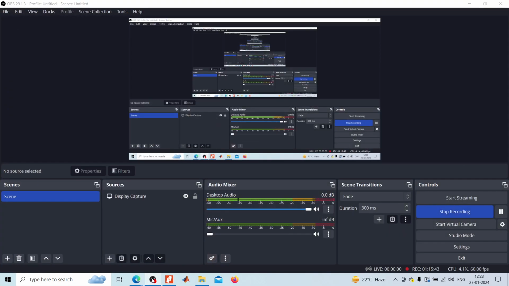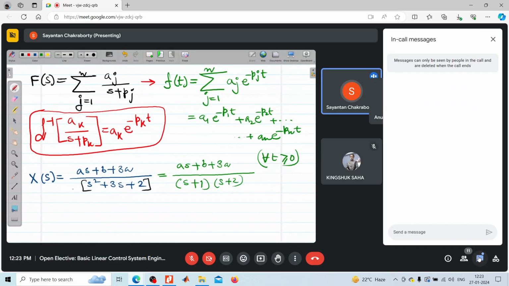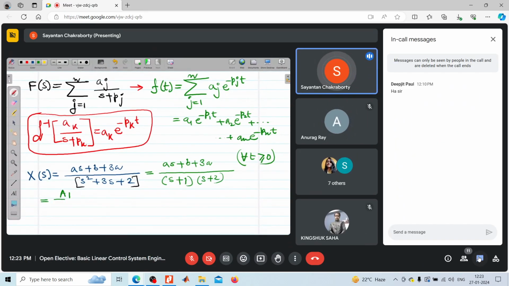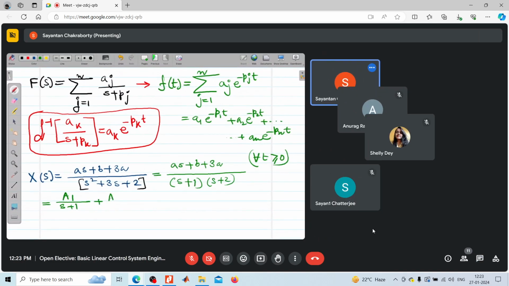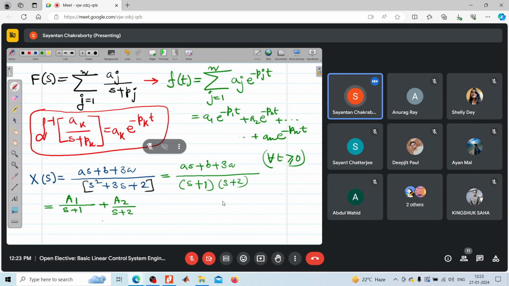If we apply the same principle and express this as a1 by s plus 1 plus a2 by s plus 2, then you can find a1 as s plus 1 into (s plus b plus 3a) by s plus 1 s plus 2, calculated at s equal to minus 1. What will it come up like? This and this will cancel out, minus 1 plus 3a minus a, so it will be 2a plus b.